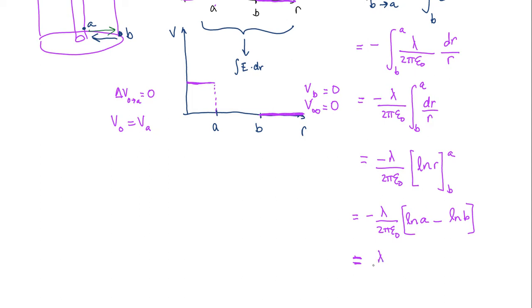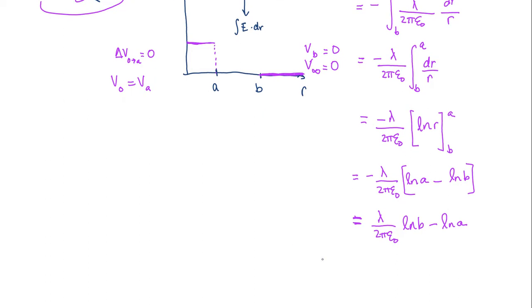So that's going to be lambda over 2 pi epsilon naught times natural log of b minus natural log of a. And one of my log identities is that the natural log of something minus something is natural log of that over this. So I'm going to go lambda over 2 pi epsilon naught times the natural log of b over a.